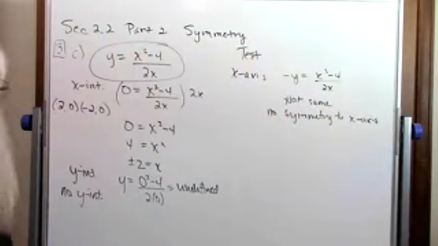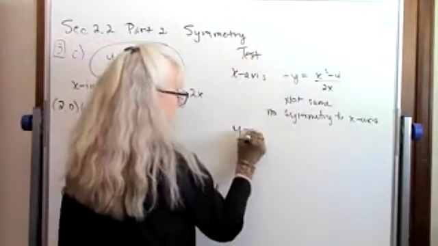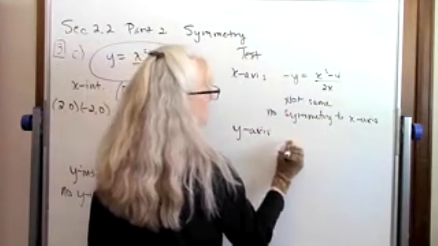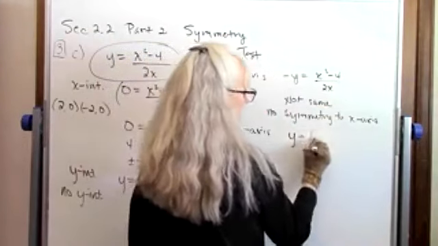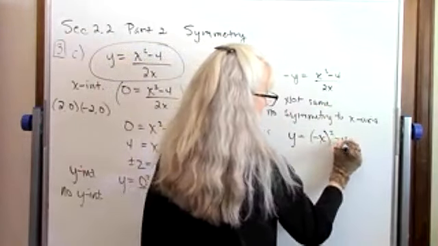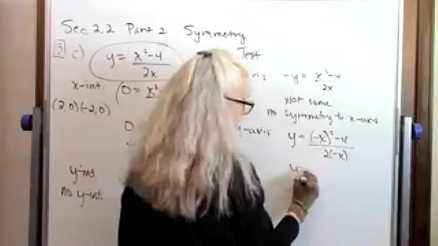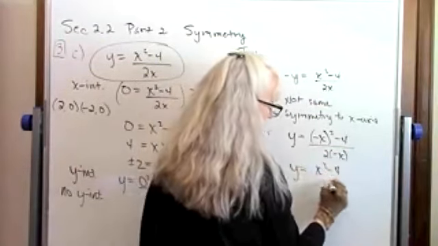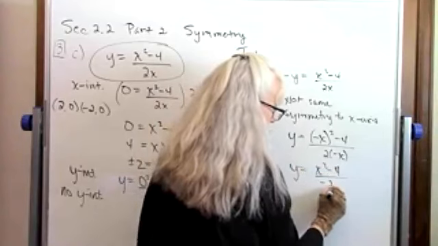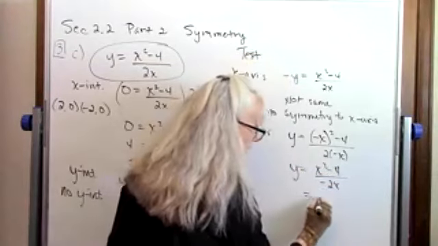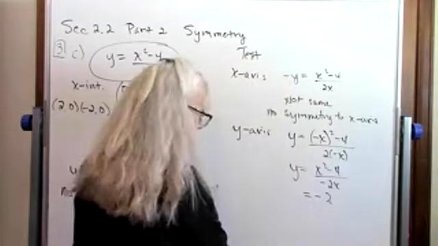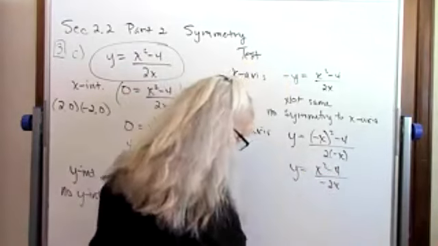Let's do the y. For the y-axis, you're replacing the opposite variable. So y is equal to a negative x being squared, minus 4, all over 2 times negative x. So y would be equal to x squared minus 4 over negative 2x. It's okay to bring that negative up, and write it on the bar.